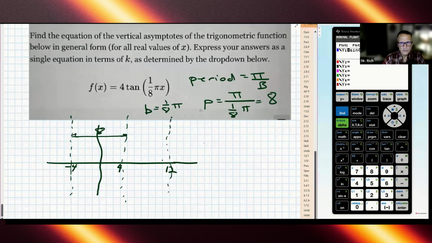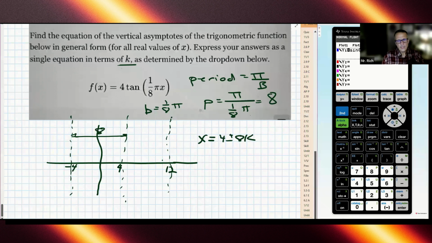So I believe when you're answering this in terms of k as a single equation, your asymptotes would be a vertical line, x equals 4 plus or minus 8k. No, 12k. No, wait a minute. Yeah, 8k. Sorry, I was looking at that 12 on the x-axis and it had me confused.